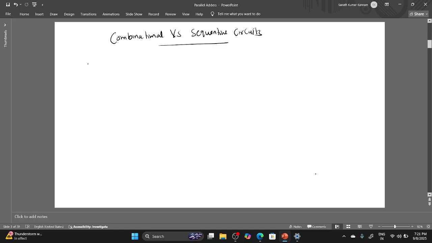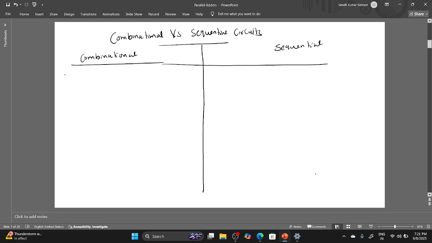For combinational, the output depends only on the present input. That means the output is a function of the present input.